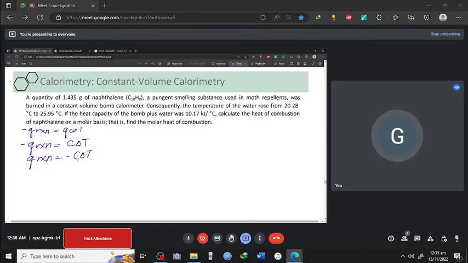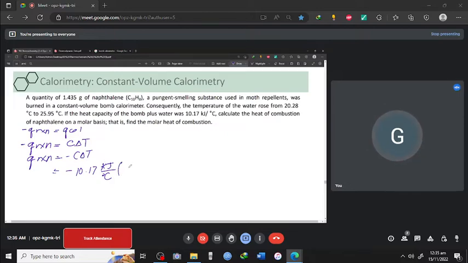So very easy na naman to kasi straightforward lang yung formula natin, no? So again, binigay na dito yung heat capacity natin, which is given as 10.17. So that is 10.17 kilojoule per degree Celsius times the change in temperature.